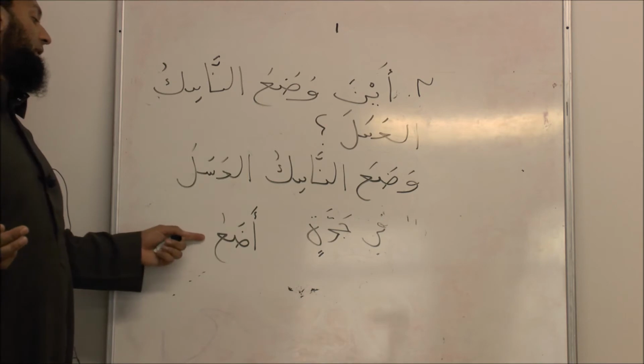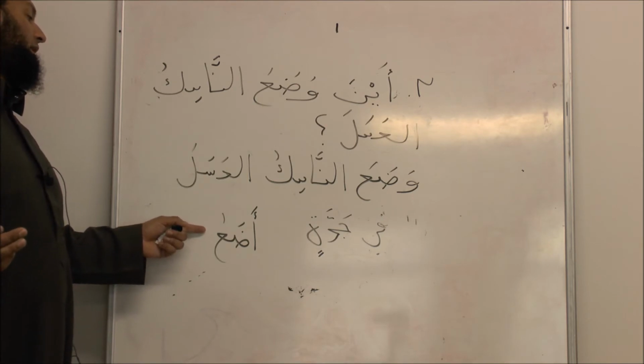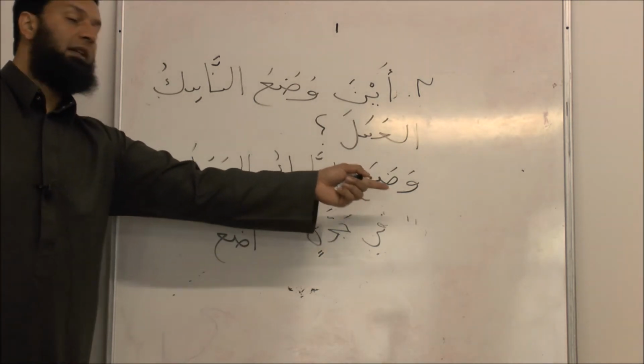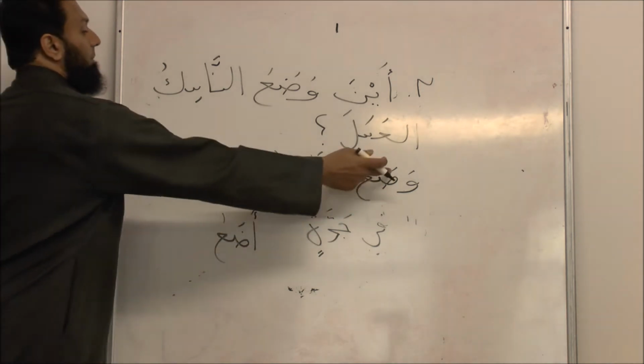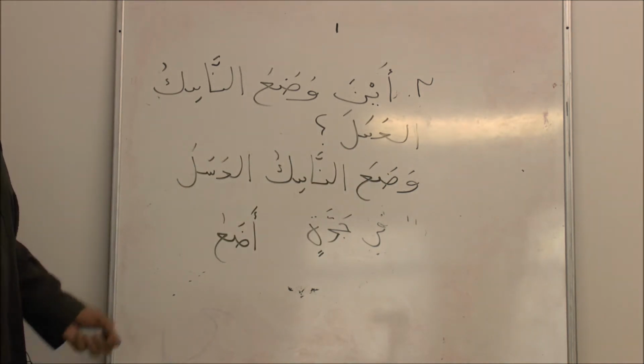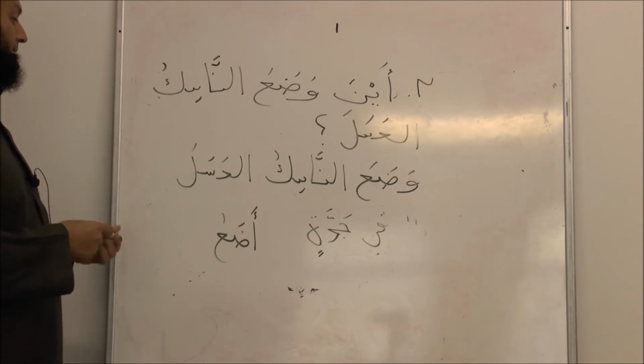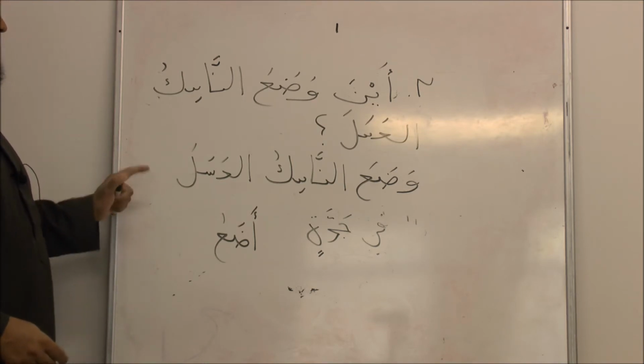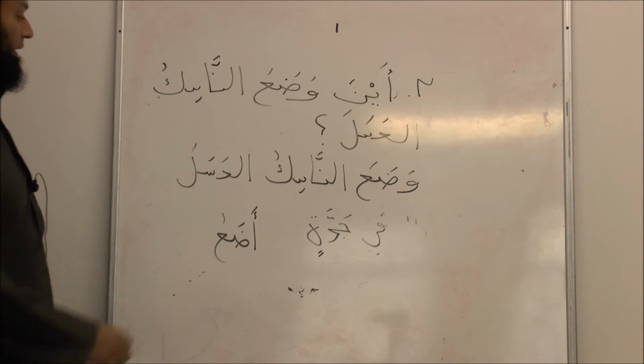So remember the present conjugation for وضع is slightly different because you drop the waw, it being a weak letter. So is that clear? Okay.